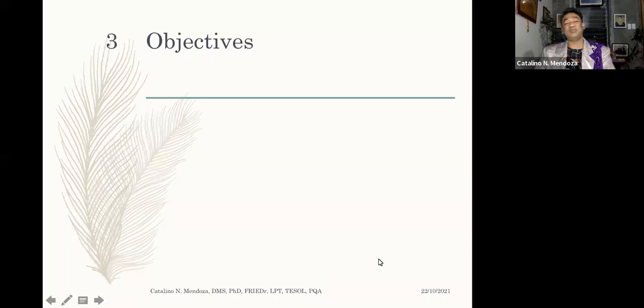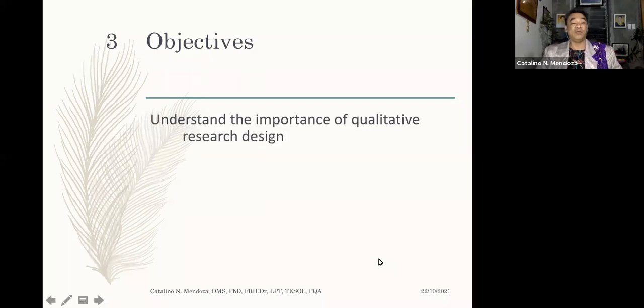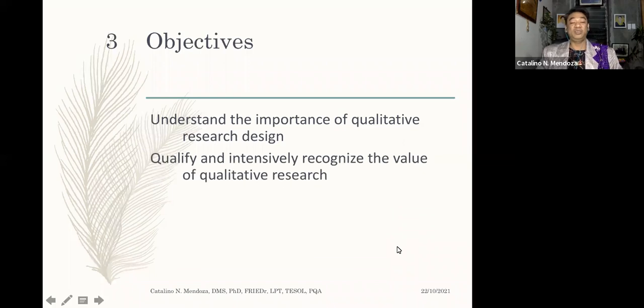So the objectives of today's presentation are the following. The first one is understand the importance of qualitative research design. So I'll be presenting the different types of research methodology and research designs, otherwise qualitative as the focus. Number two, qualify and intensively recognize the value of qualitative research.